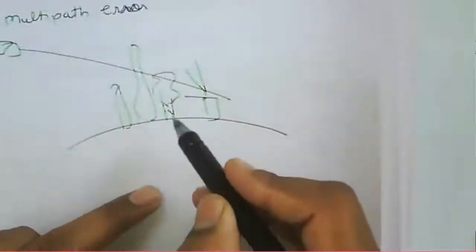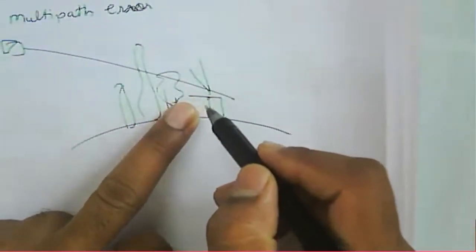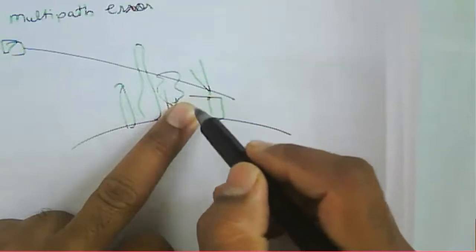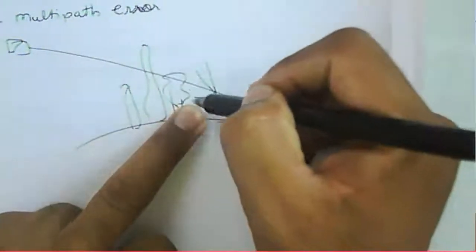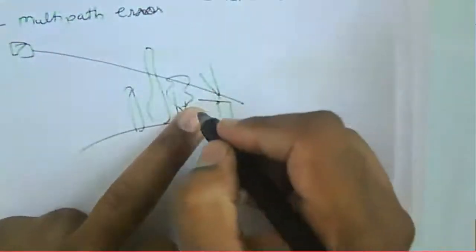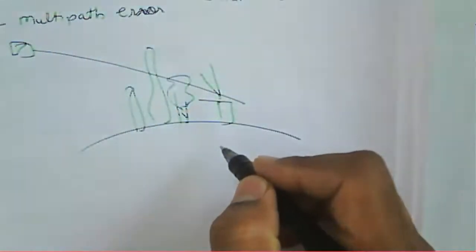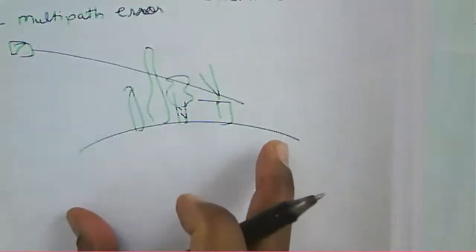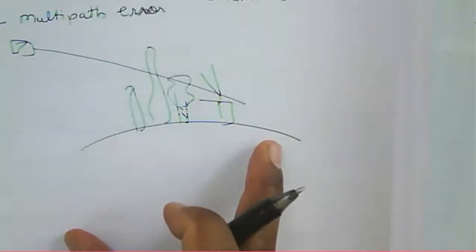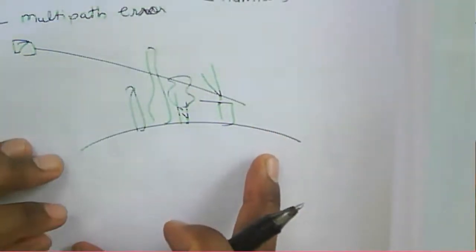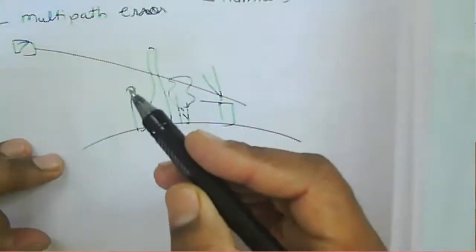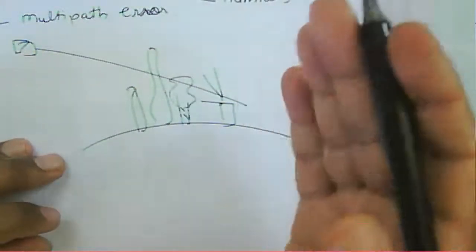That multipath signal is nothing but a multipath error, caused by the signals reflected from the different obstacles entering the receiver. That effect is more significant if the receiver is on the ground and there are large obstacles nearby, more numbers of obstacles.